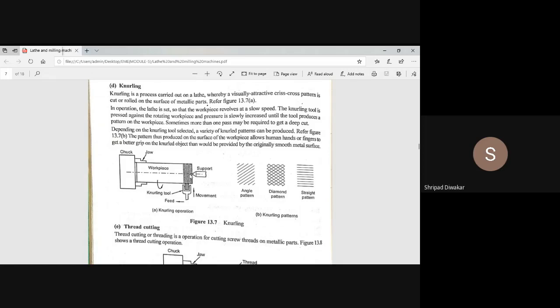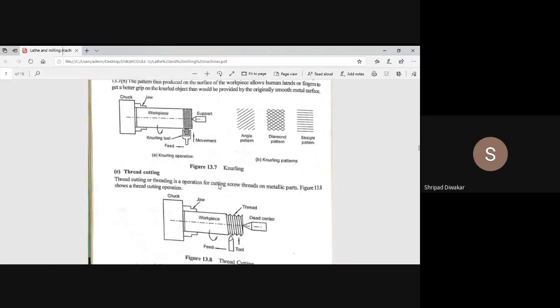So this kind of operation is called knurling. Such kind of pattern, you see this one is an angle pattern, second one is a diamond pattern, and third one is a straight pattern. Such patterns we can generate on the lathe machine.